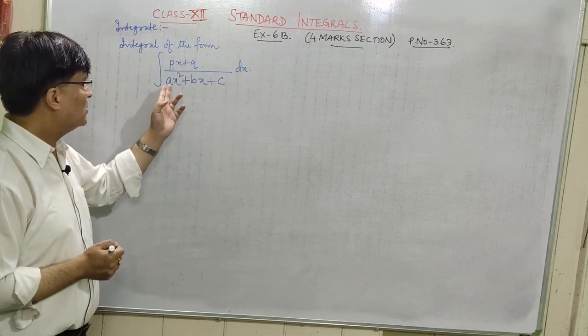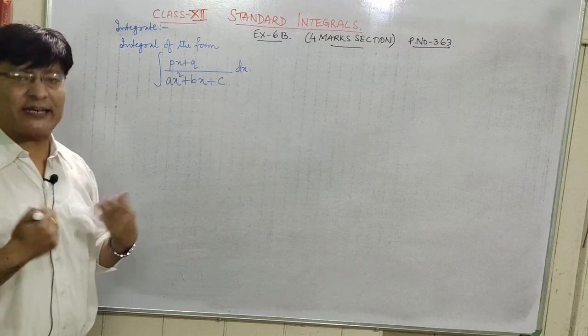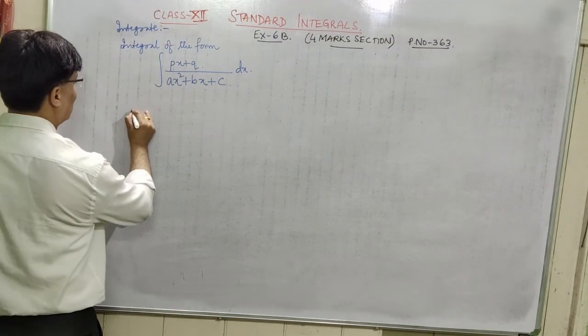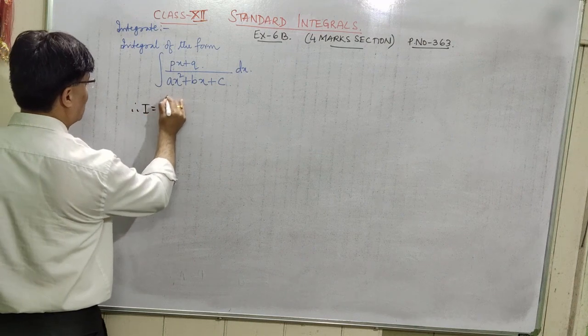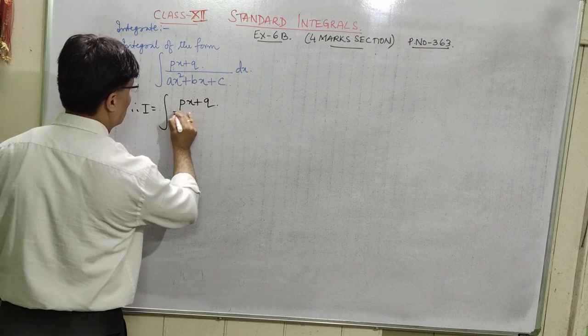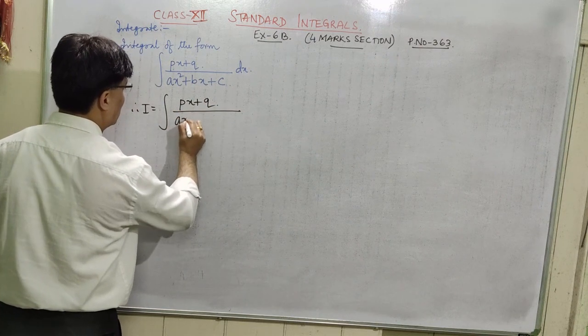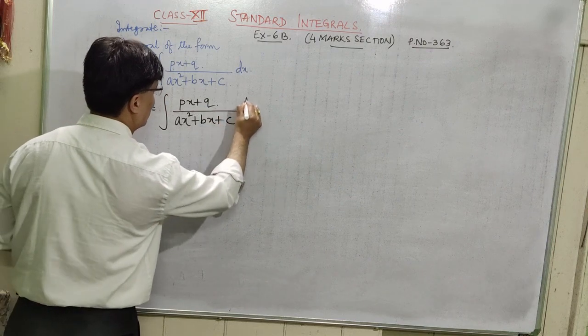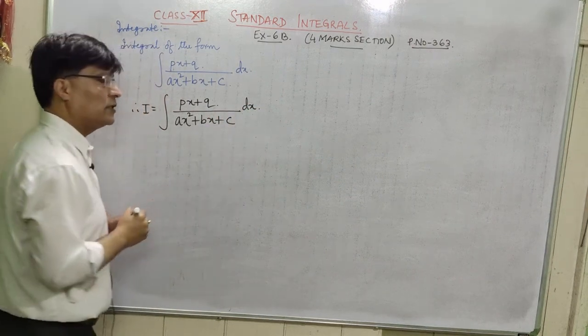Now suppose this denominator cannot be factorized, so how will you do it? Let us write here I is equal to the integral of px plus q divided by ax square plus bx plus c, dx. Is that clear?